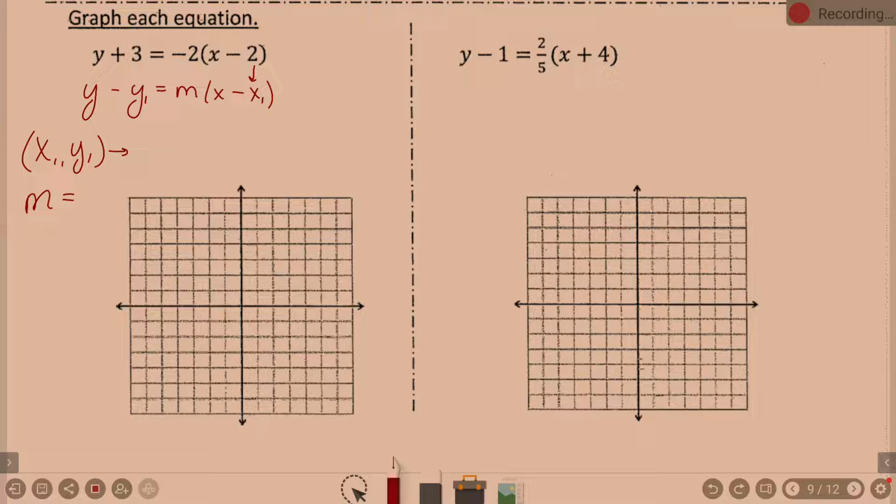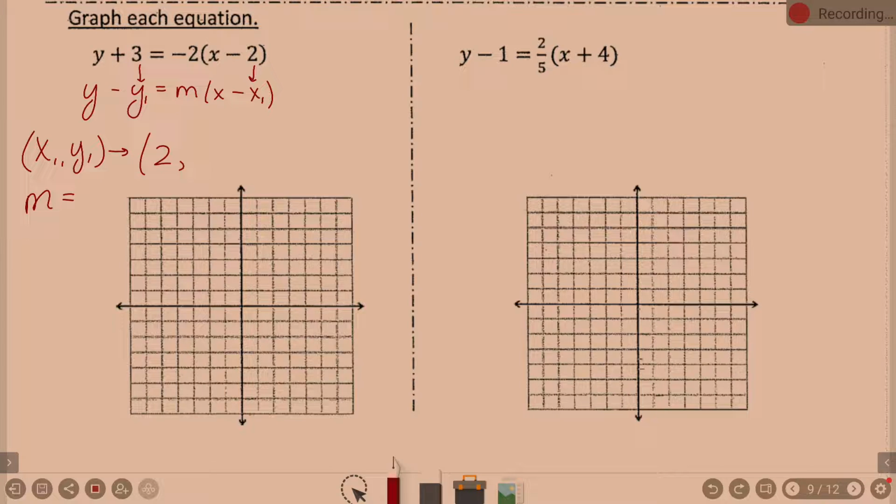It's x minus 2, x minus x1, so the first number in the ordered pair is 2. What else? What's in place of y1? It's y plus 3.